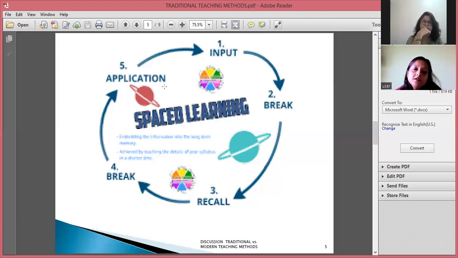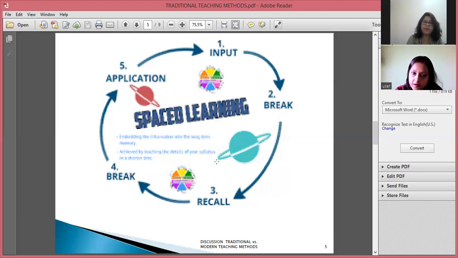And the application is, if I take a glass of water and pour it on the field, the water flows from upward to downward. So this is the application. The concept is clear in this spaced learning.